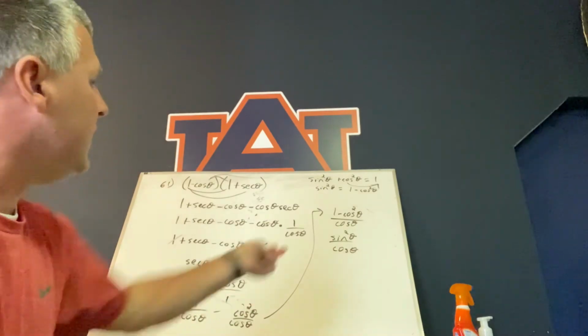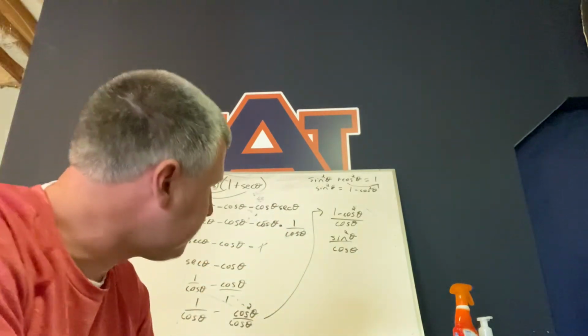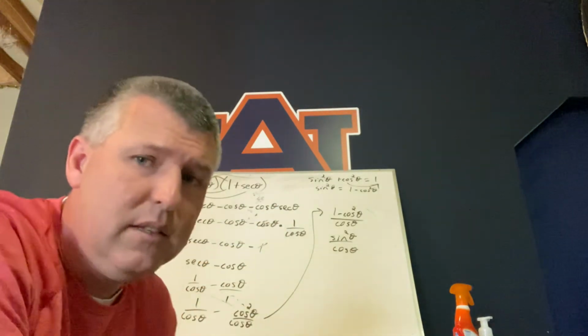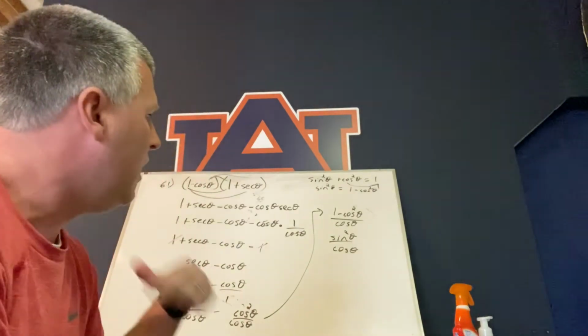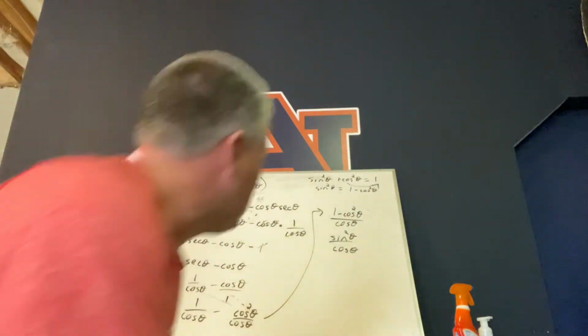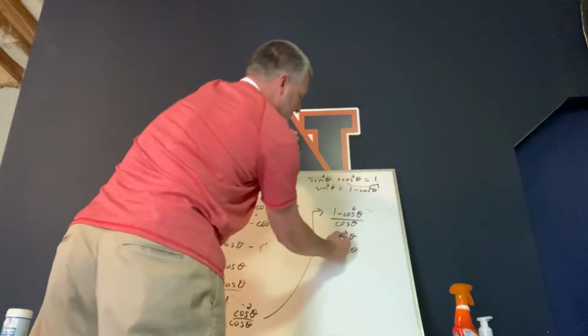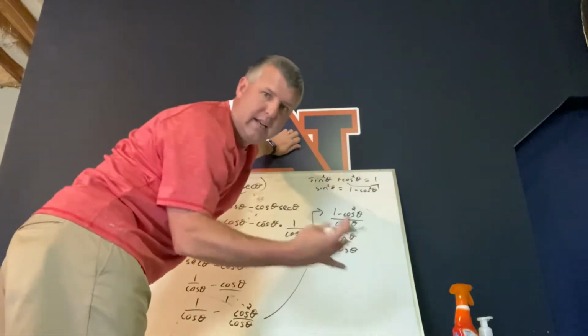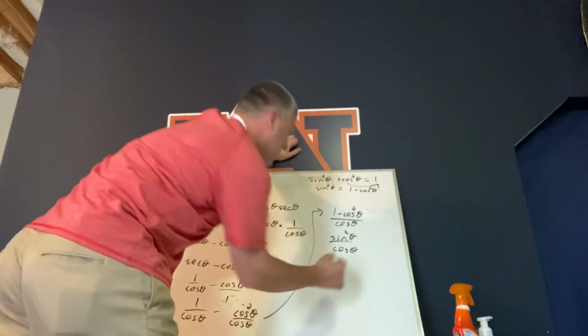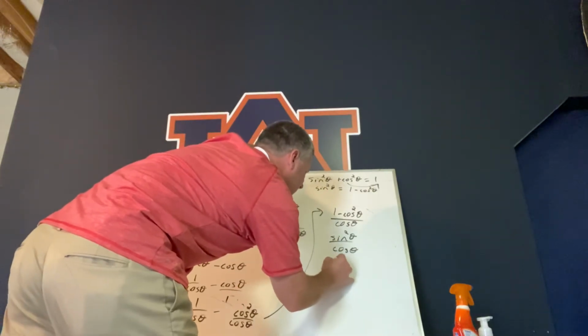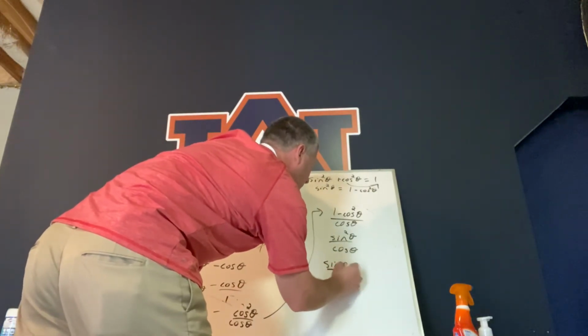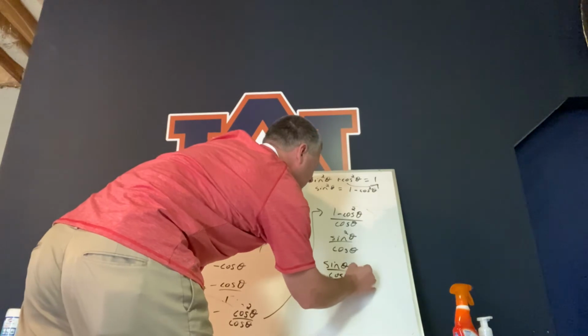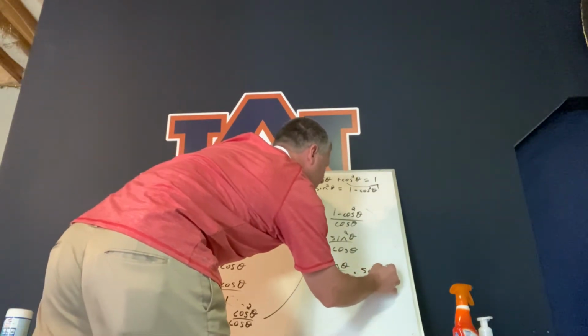So what we can do right here is rewrite this, and this is a little bit tricky, okay? I've got two sines up top, sine squared, so it's sine times sine, and on the bottom I just have cosine. So I can rewrite this as sine theta over cosine theta, times sine theta.